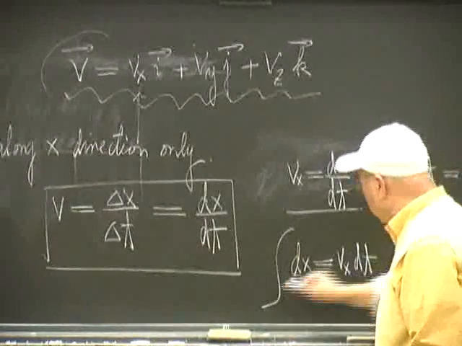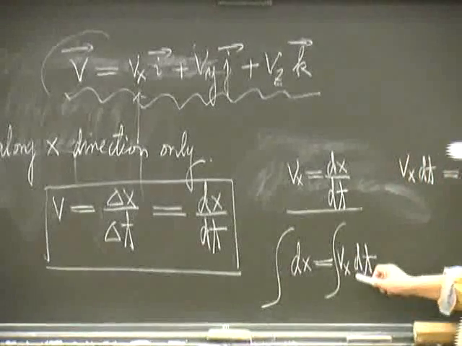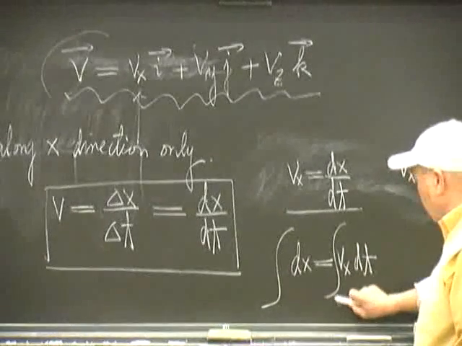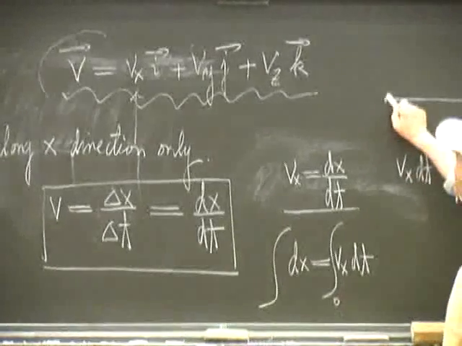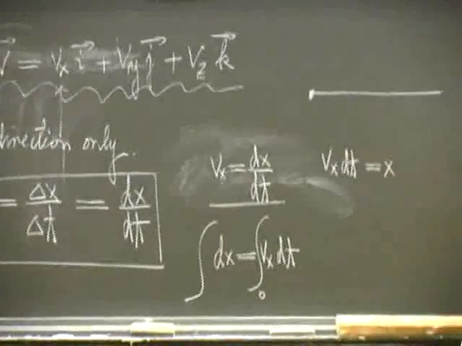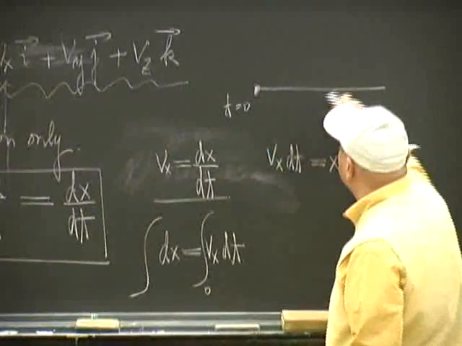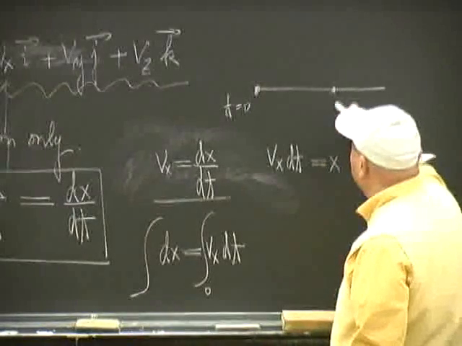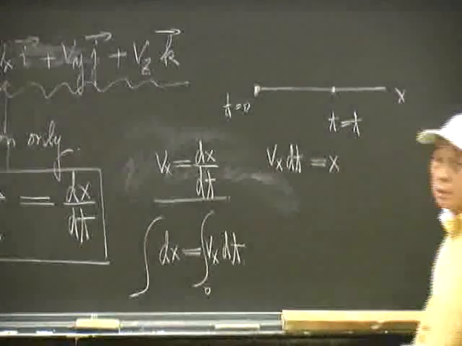And then, ladies and gentlemen, you can integrate. Now, if t is a starting time, you draw a diagram. At this location, t is 0, and at this position, t is equal to t along the x direction.